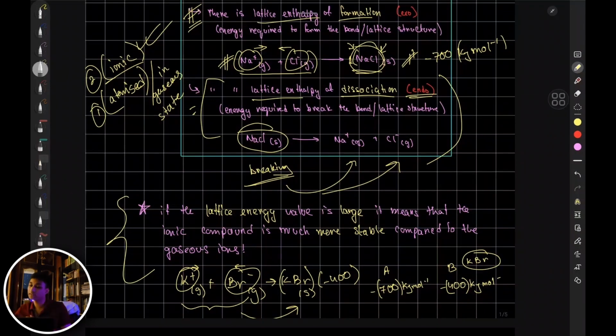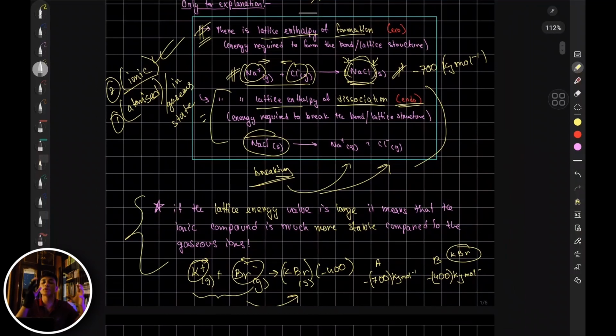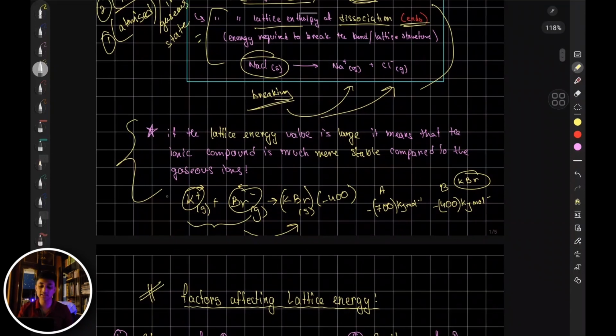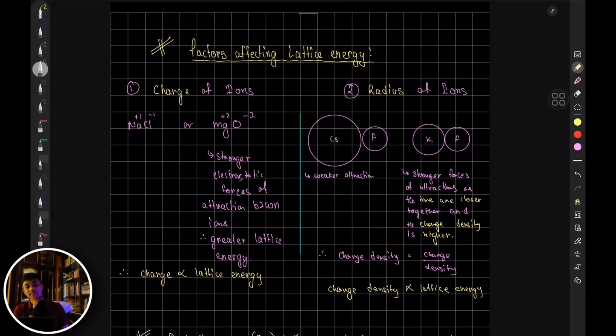So the summary is, since there were greater attractive forces between sodium and chloride ions, a much more stable compound, NaCl, was formed. Since the forces of attraction between potassium and bromide were weaker, a less stable compound, KBr, was formed.